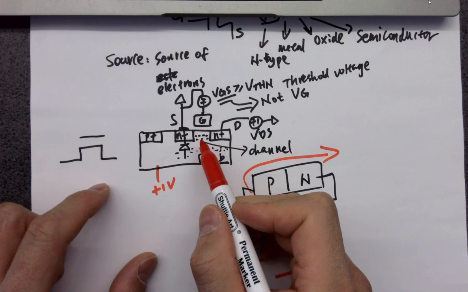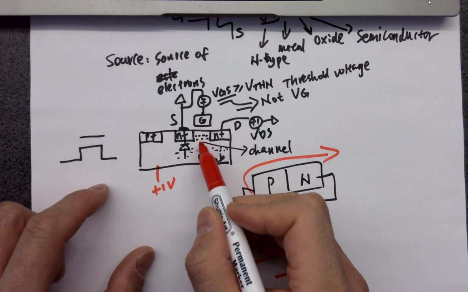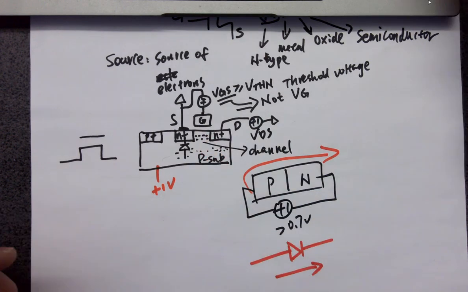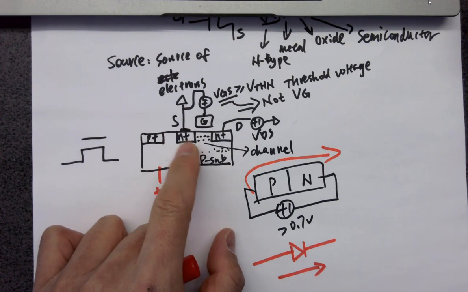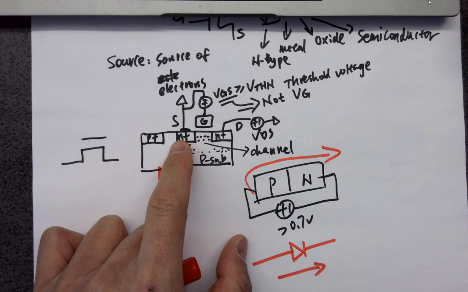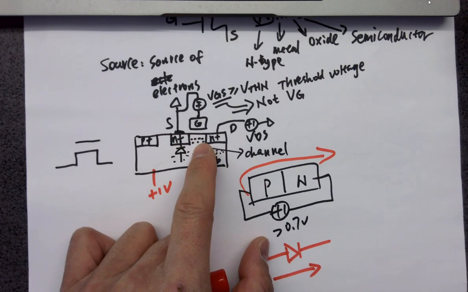Anyone can explain from beginning to the end? If your P sub for the NMOS is not 0 volts or has a higher voltage than 0.7 volts, it's going to forward bias that PN junction. Then it results in a higher threshold voltage.